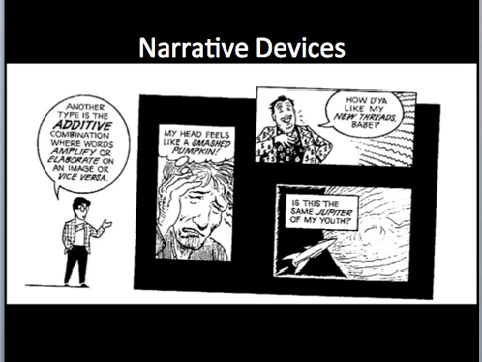Then there's the additive. It's a combination where words amplify or elaborate on an image, or vice versa. "My head feels like a smashed pumpkin." So we see the man grumbling, but the metaphor of a smashed pumpkin is definitely amplifying how bad his headache is. "How'd you like those new threads, babe?"